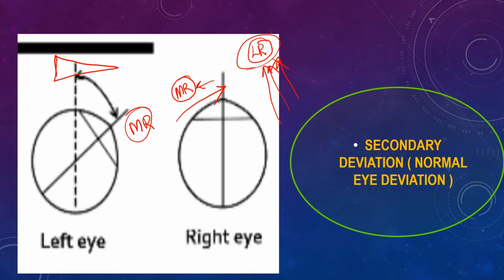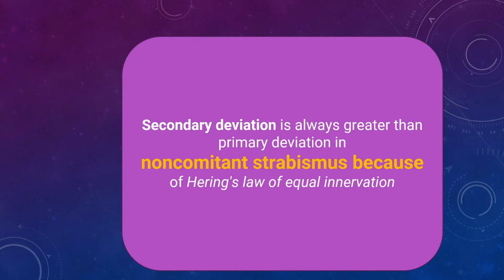Obviously, therefore, because of the increased innervation that is going in case of these non-concomitant strabismus, the secondary deviation is always going to be greater than the primary deviation. That means if you were to measure deviation in a normal eye, it is always going to be greater than the deviation that you measured in a paretic eye, right?